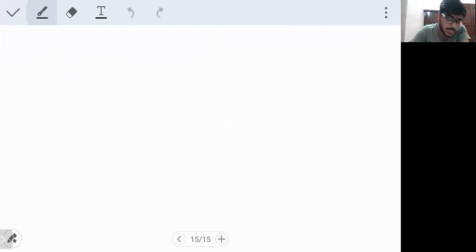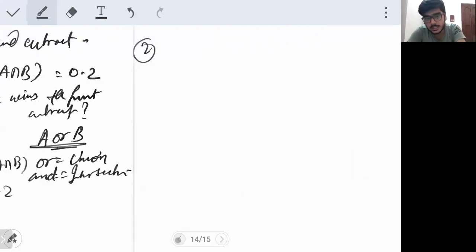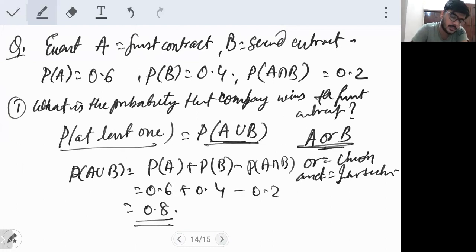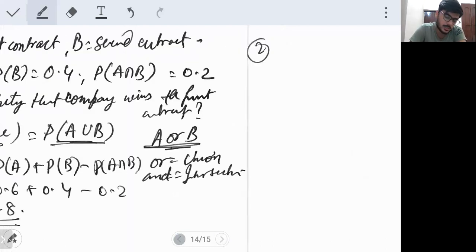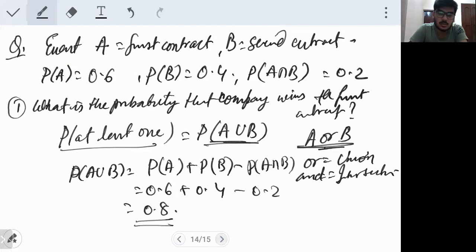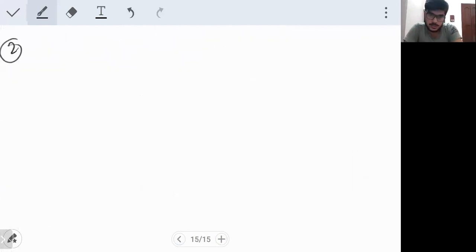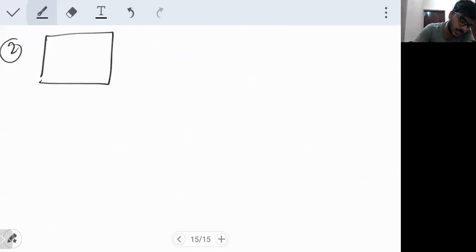Let's come to the second question. The second question says, what is the probability, if you have to note it down, please note it down, pause and return, that the company wins the first contract but not the second contract? That means we are thinking about A and not B. We just get the first contract, not the second contract.